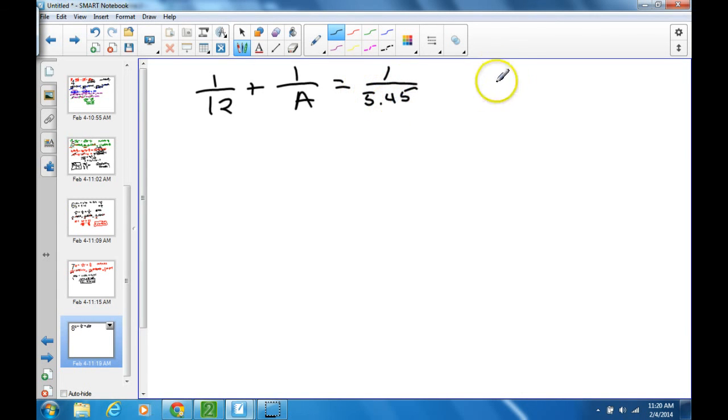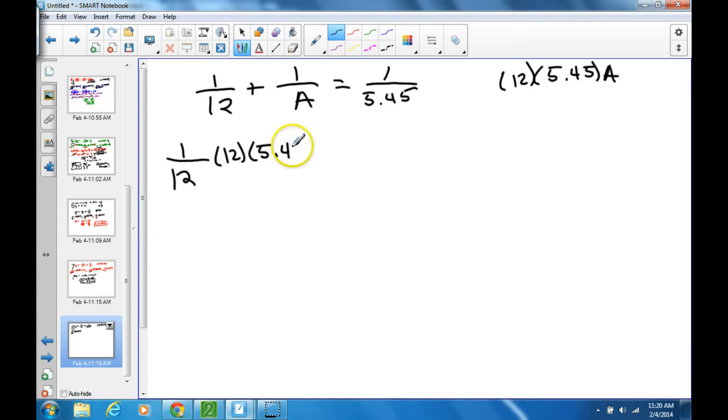So our common denominator will be 12 times 5.45 times A. Sorry, I'm so used to using T's, I forget. So, let's multiply each of these by that.